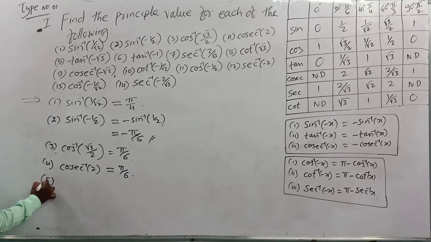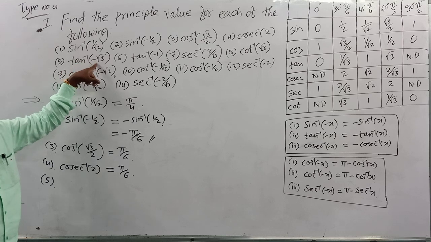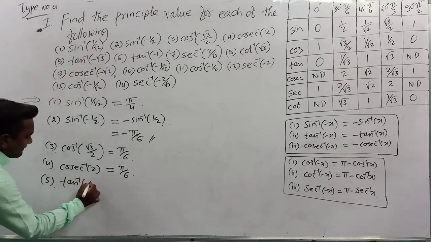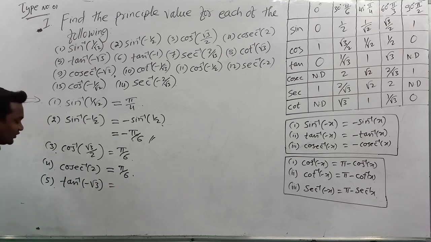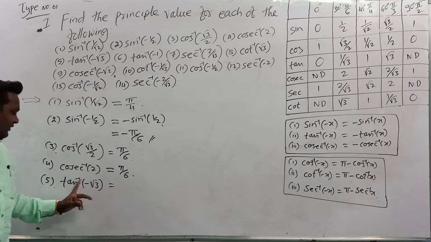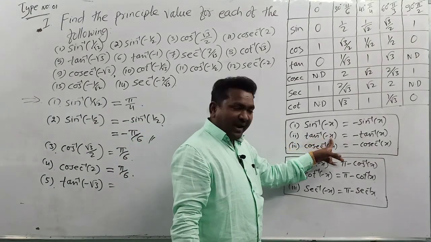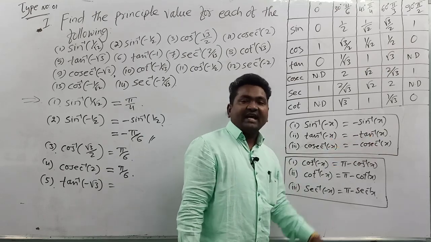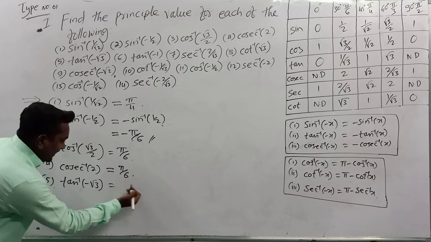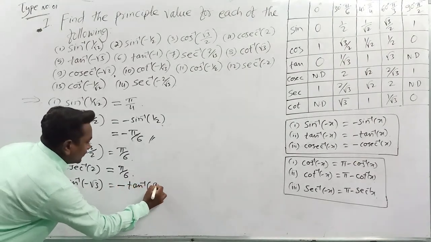Same. The fifth one is tan inverse minus root 3. So for tan inverse minus root 3, you have to cancel out this negative sign, using the property tan inverse minus x equals minus tan inverse x. By using that property, it becomes minus tan inverse root 3.